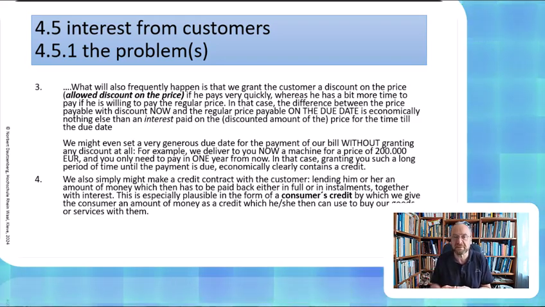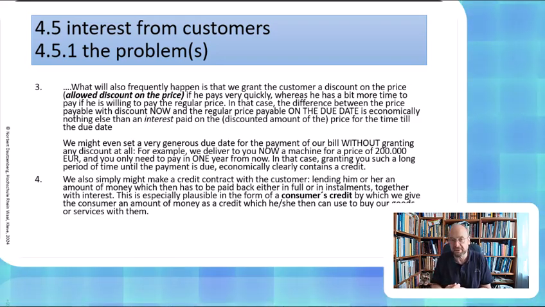So you only need to pay the price 1 year after you got the thing, or half a year. Then this is so unusual and generous that economically there is clearly an element of interest contained in that price, which you will have to pay in 1 year.